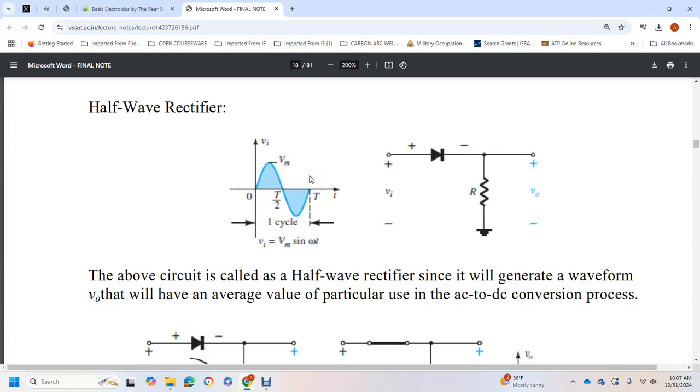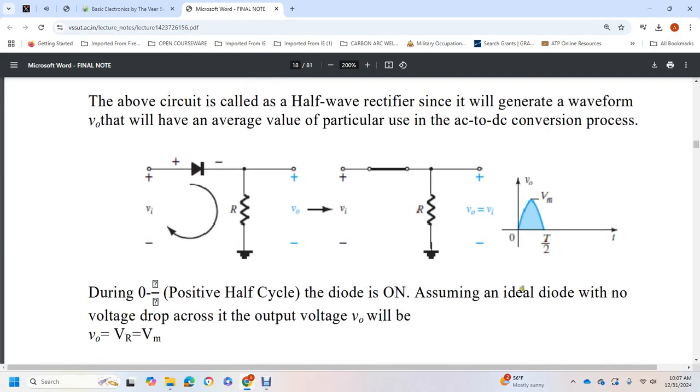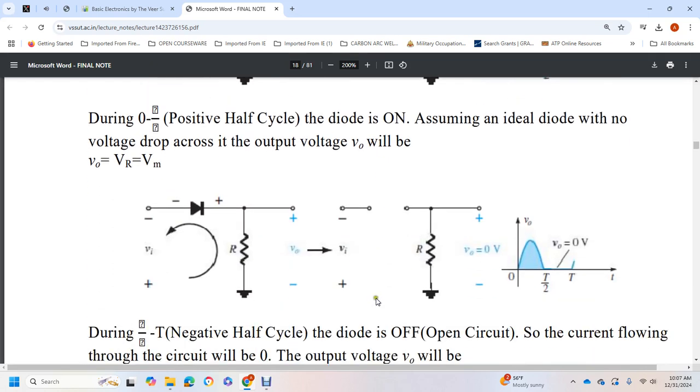The half-wave rectifier has a resistance and a diode. Above is the circuit of a half-wave rectifier. The output waveform has an average value, which is used in the AC to DC conversion process. During the positive half cycle, the diode is on, and assuming an ideal diode with no voltage drop, the output voltage equals the input voltage.